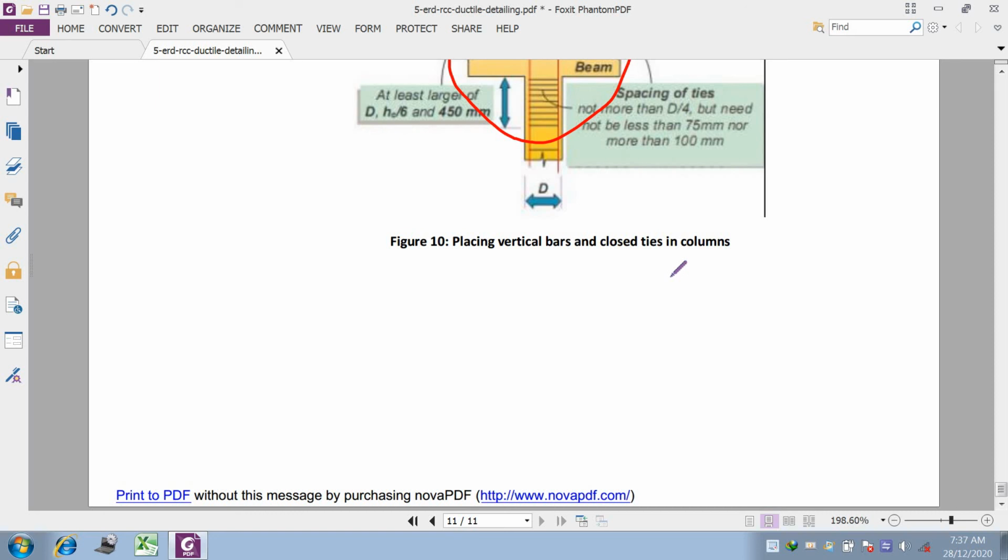This detailing can also be done by using IS 456, but IS 456 provides the provision for normal detailing, whereas IS 13920 provides the provision for ductile detailing. So for earthquake engineering, IS 13920 is recommended.